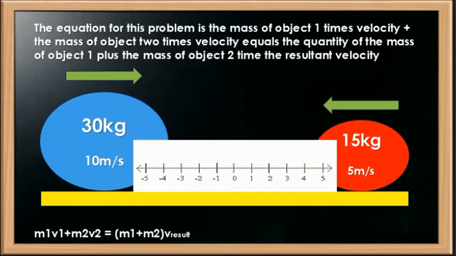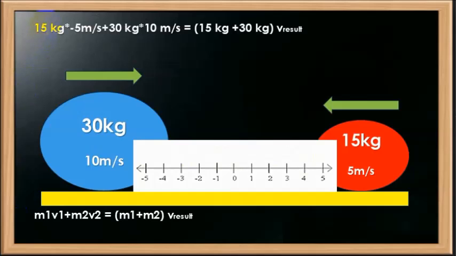So now we plug in the numbers. Mass 1, 15 kilograms. Velocity 1, negative 5. Mass 2, 30 kilograms. Velocity 2, 10 meters per second.